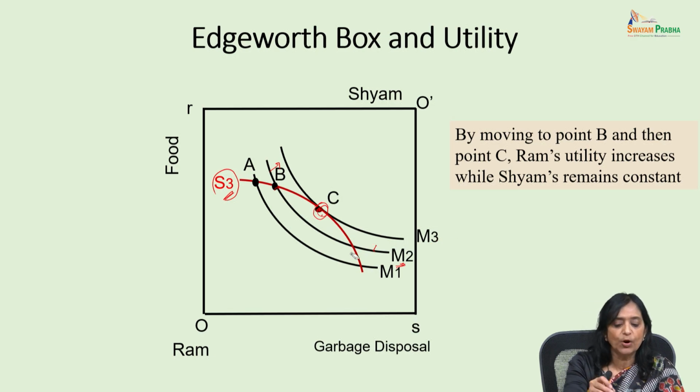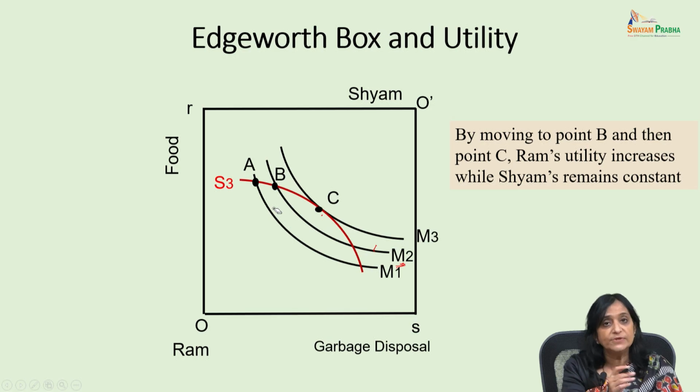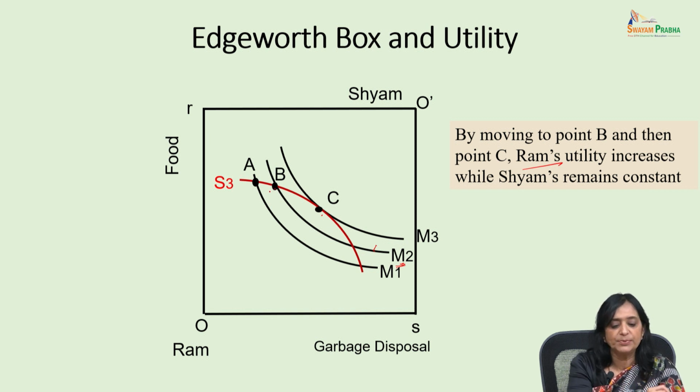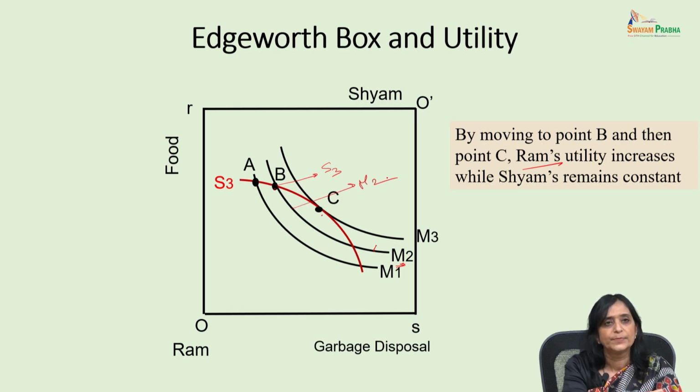So, the Edgeworth box is basically telling us that if we are able to make Ram better off without making Shyam worse off, this will increase the social welfare of the society. Why? Because till we were at point B, even though this point B is on S3 for Shyam, this point B lies on M2 for Ram.